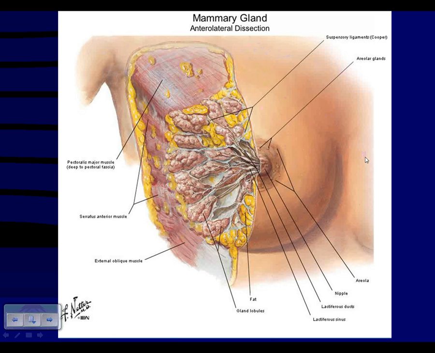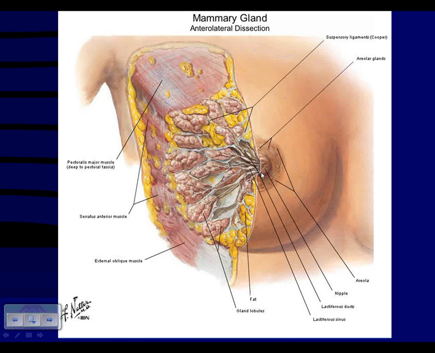All right, so here's what it looks like from the anterior aspect, looking at the chest. Again, you've got your muscle layer under here, which is your pectoralis. You've got an external oblique that's underneath, that you see across the chest. And then, of course, you've got your nipple here, and each of these larger ducts here are your lactiferous ducts, the ones that connect to the nipple.